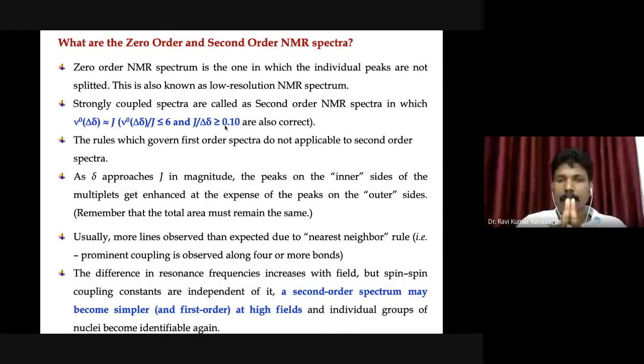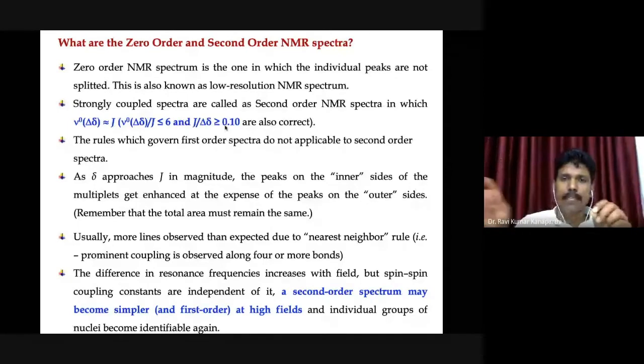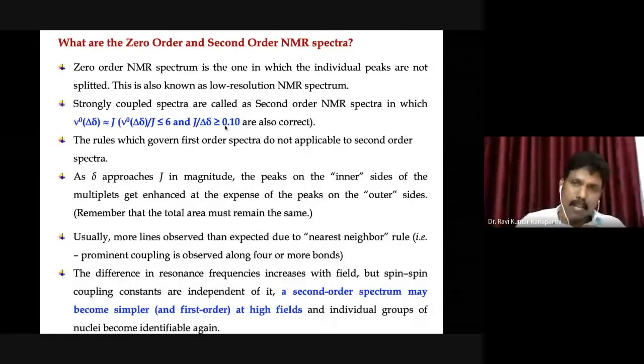Please remember that they have inner lines and outer lines: two lines here, two lines here, a total of four lines. If you label them 1, 2, 3, 4, then lines 1 and 4 will reduce their intensity, while the inner lines will increase their intensity. That's the typical nature of any second order spectrum.